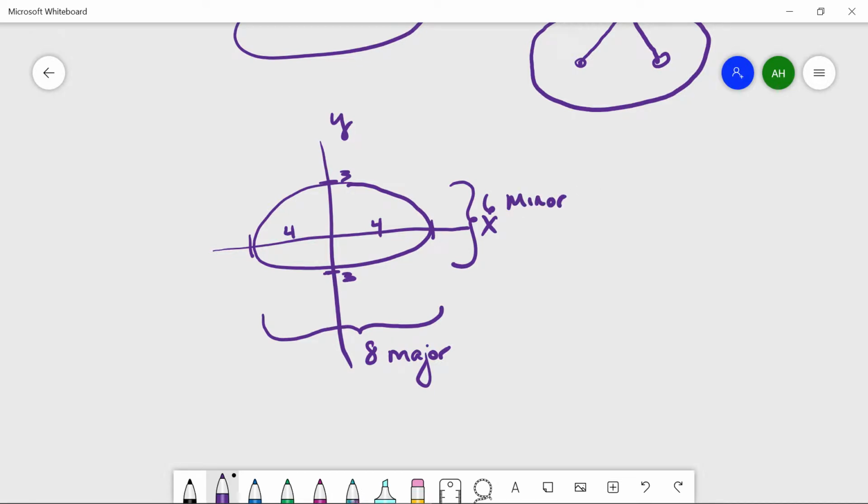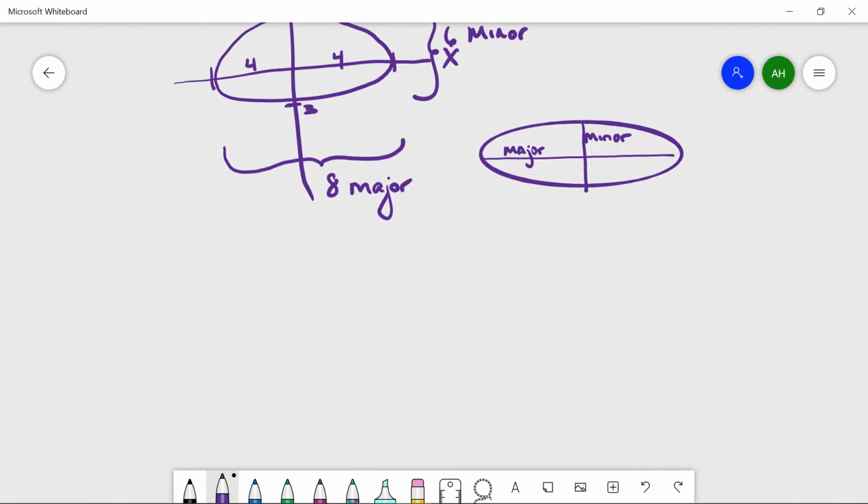So when we look at an ellipse, major runs this way, and minor runs this way. When we're finding the area of an ellipse, we take the major divided by 2, times the minor, also divided by 2, and we take that times pi.